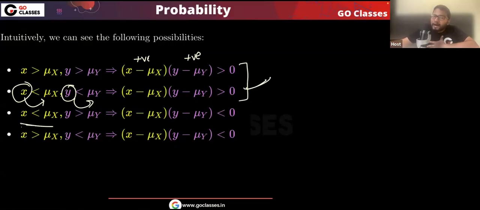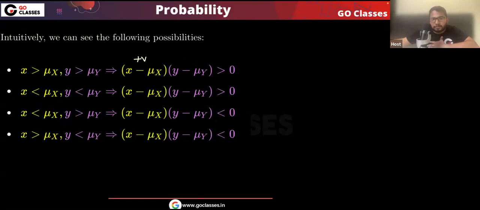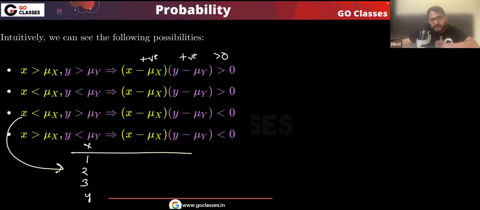But suppose x is lower than my average, but y is greater than my average. For example, let's take an example here. Let's suppose x is 1, 2, 3, 4 only. But now let's suppose I'm flipping the y.